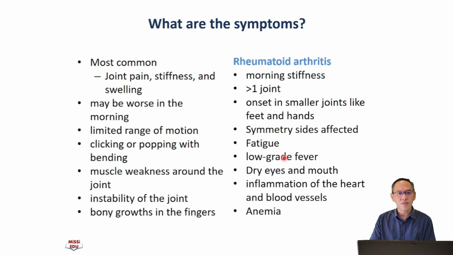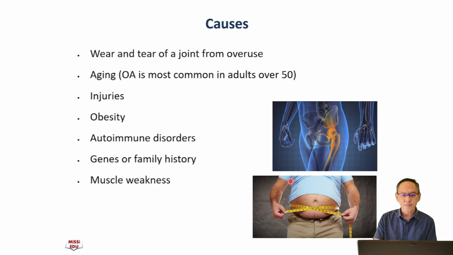It is associated with systemic symptoms, for example fatigue, tiredness, and sometimes low-grade fever, and patients tend to have dry eyes and dry mouth as part of the associated symptoms. They may have inflammation of the blood vessels and also inflammation of the heart itself. They also tend to have low hemoglobin, which we call anemia.